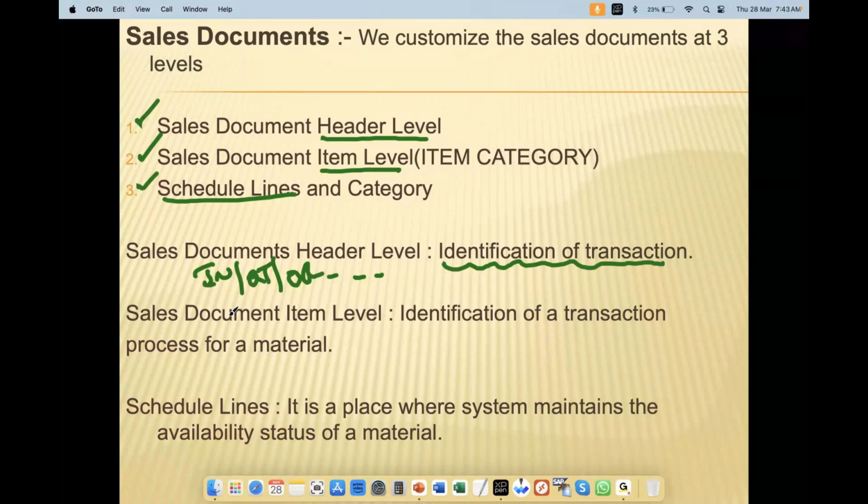So header is identification of a transaction type.